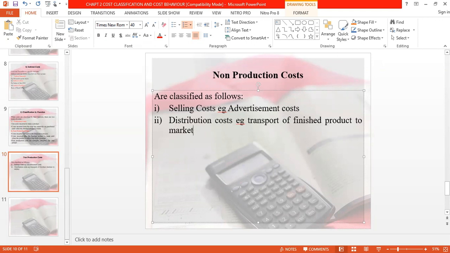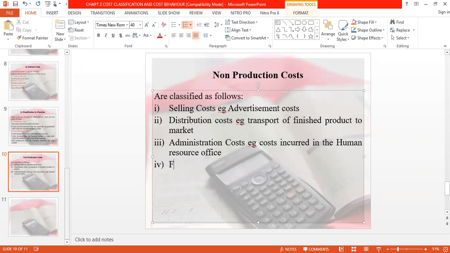The cost you incur to transport finished product to the market is part of distribution costs. Next, administration costs. What are administration costs? Costs incurred to run the business, e.g., costs incurred in the human resource office. So those are administrative costs.